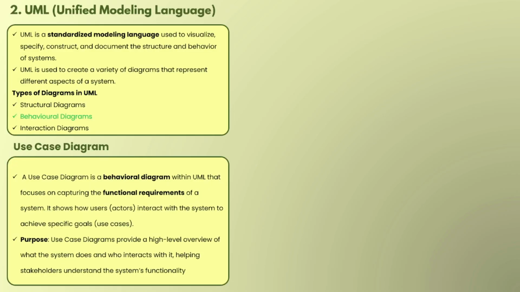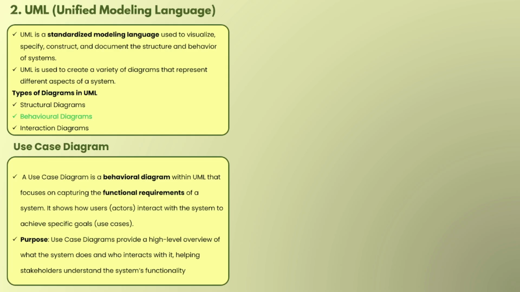Unified Modeling Language. UML is a standardized modeling language used to visualize, specify, construct, and document the structure and behavior of systems. Well, think of UML as a common language used to draw out how a system works, both how it's built and how it behaves. It helps everyone, technical and non-technical teams, to stay on the same page.